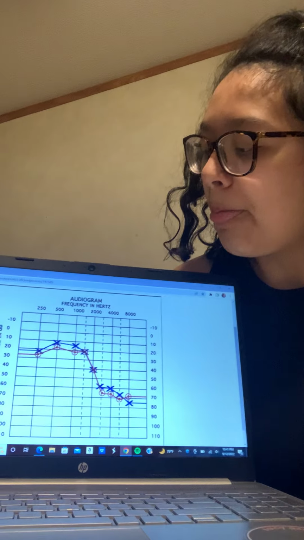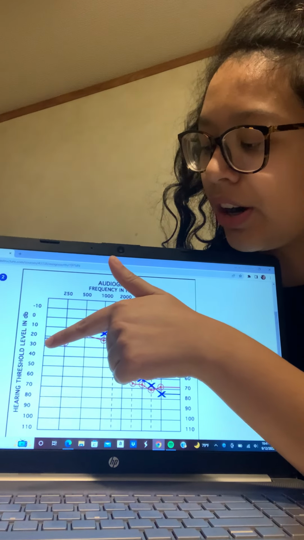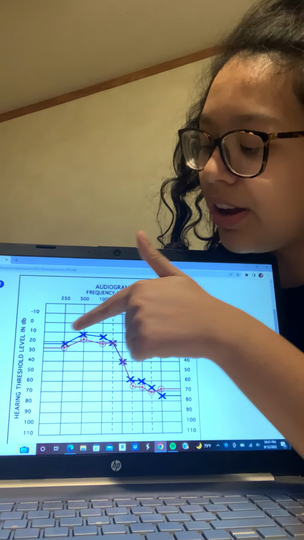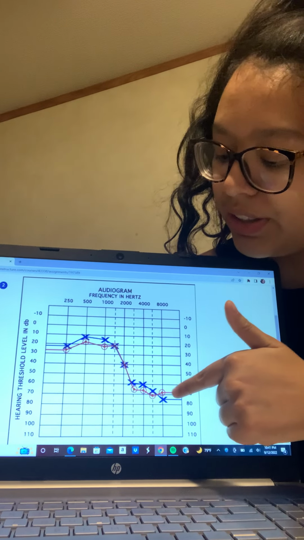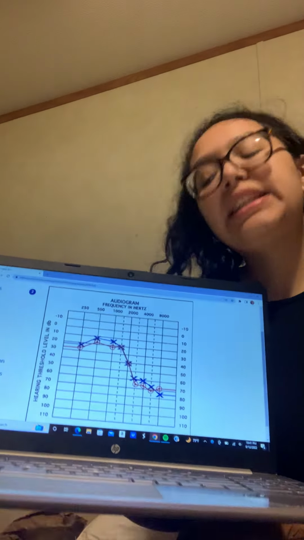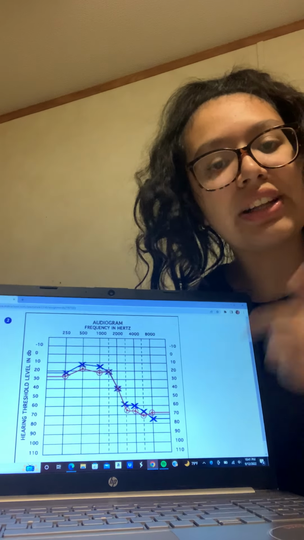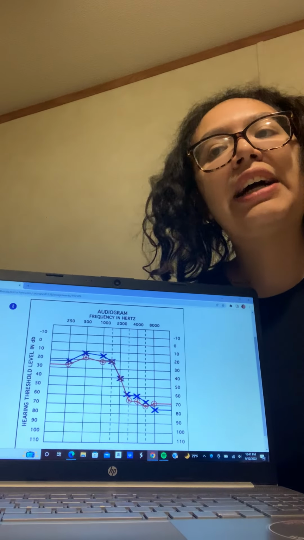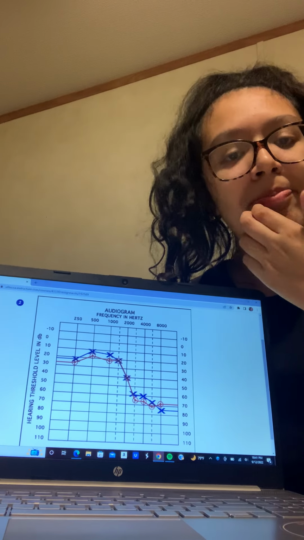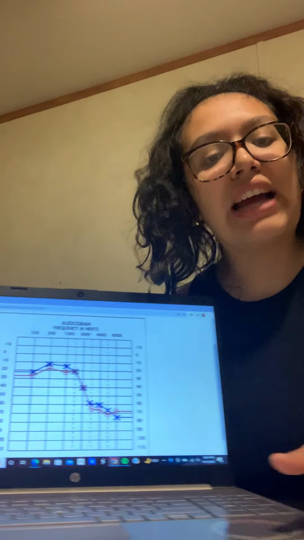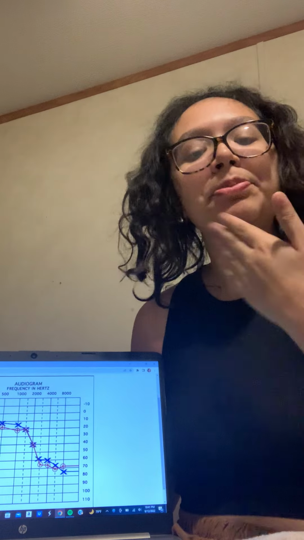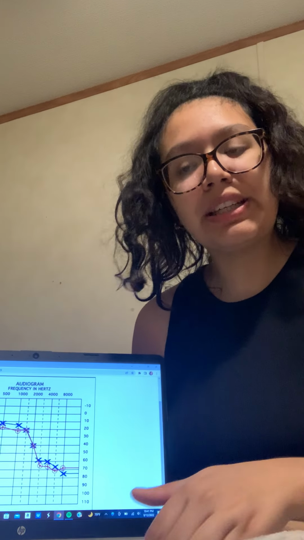Like I said, we are sloping from a mild hearing loss down to a severe hearing loss. When we get down to this severe hearing loss, the impact on speech and hearing that we're going to notice is that your daughter will not be able to hear speech at a normal speaking level.